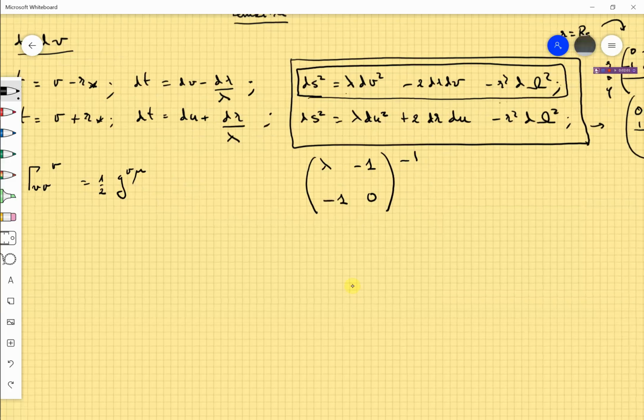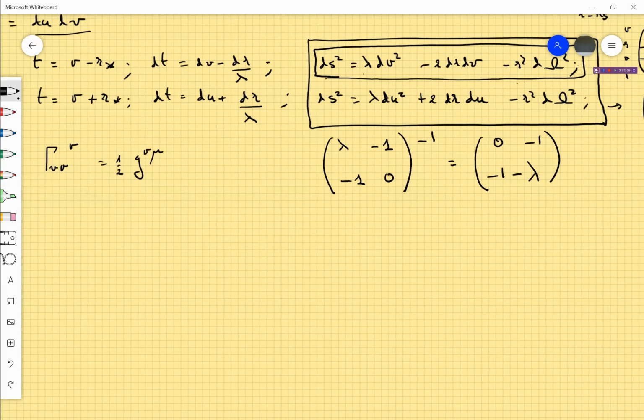Okay, it is more or less trivial, all this that I am saying, and it is not difficult to see that this is 0, -1, -1, and lambda. Yeah, I mean minus lambda.